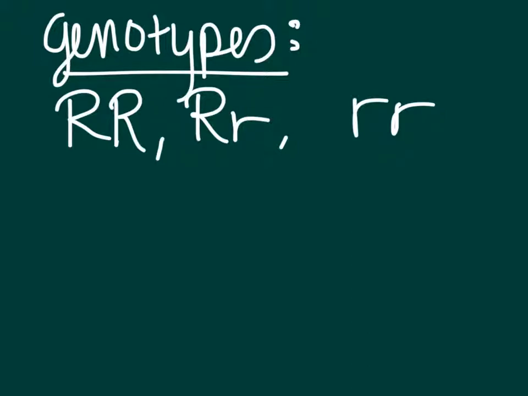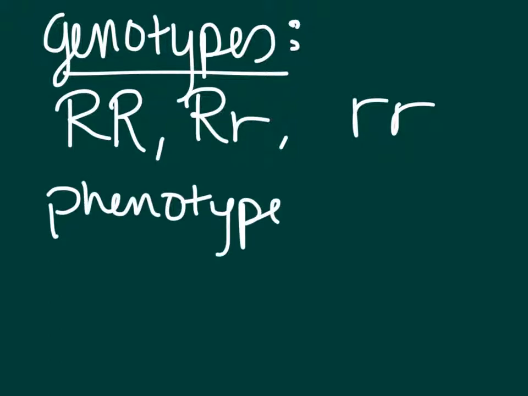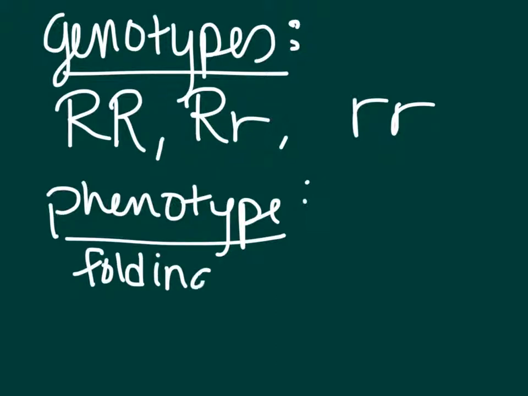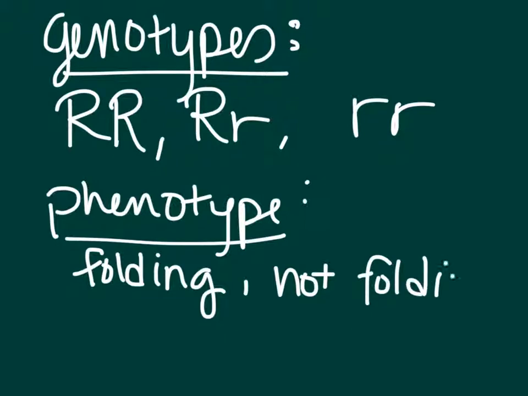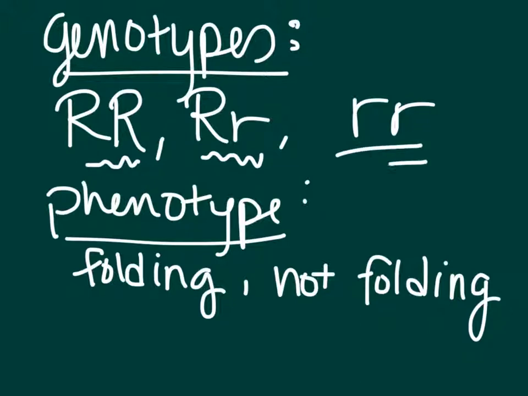So if you can't, that's recessive. Which one's recessive? Not being able to. So these two genotypes would belong to individuals who are able to fold their tongues in half, as opposed to this second, those individuals would not be able to.